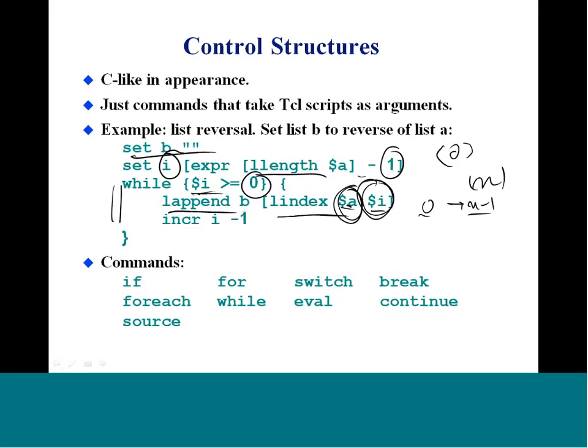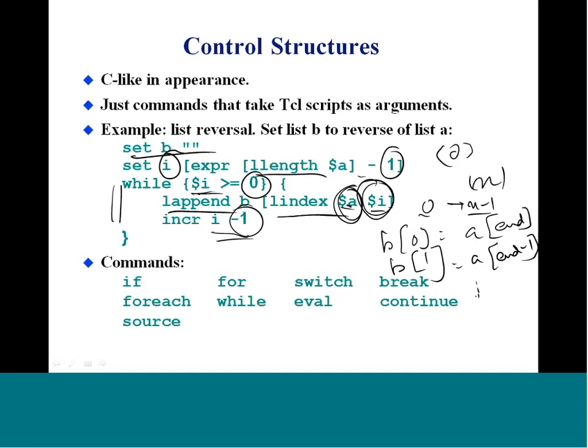So now B0 becomes A end, and then we increment I with -1, which is actually decrementing I. So the next element will be B1 because we do lappend, which becomes A end -1, and so on.